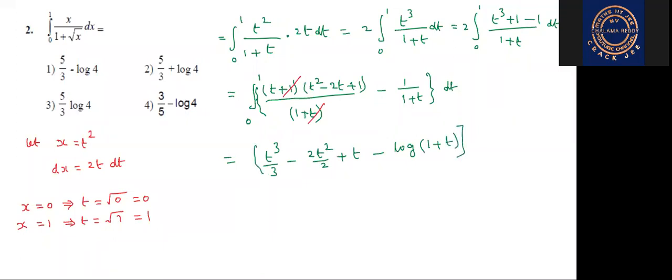Now, what is the limit? 0 to 1. Here in front of the integration 2 is set. Now write 2. Substitute the limits. 2 into, this is 1 by 3. Here 2s cancel. You will get minus 1 plus 1. Next, minus log 2.